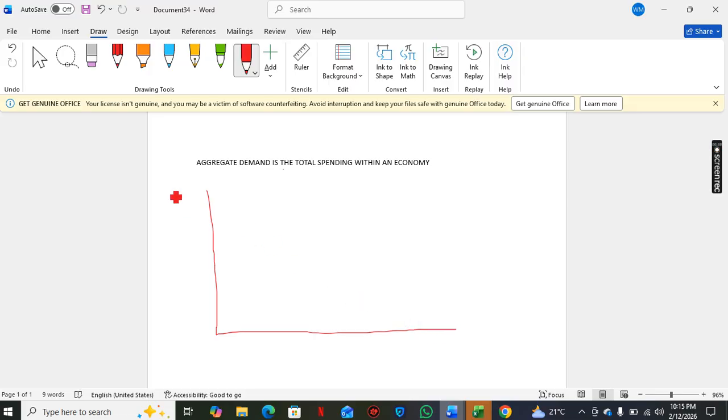On the y-axis, you've got price level. Not the price of one good, but the overall price level within the economy. On your x-axis, you have real GDP output.